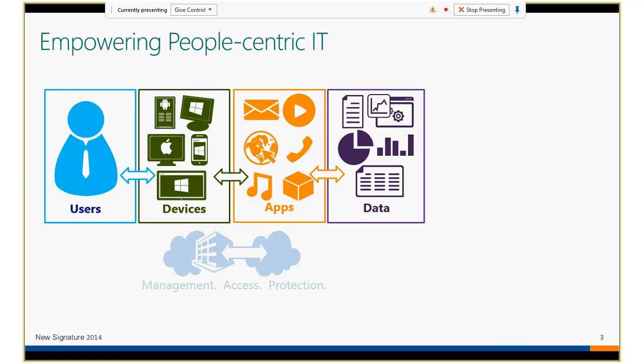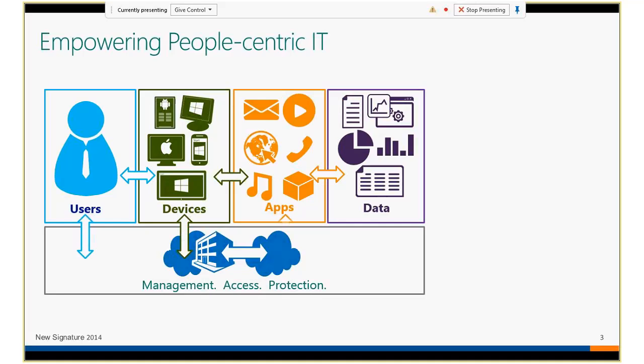So given all that, IT faces some challenges. We need to be able to allow our users to be mobile, allow them to have some sort of choice when it comes to the devices that they're working on, because very few people these days are just working on one device. They have multiple devices that they use to get their job done. Our users need to have the necessary applications required to get their jobs done and access to corporate data.